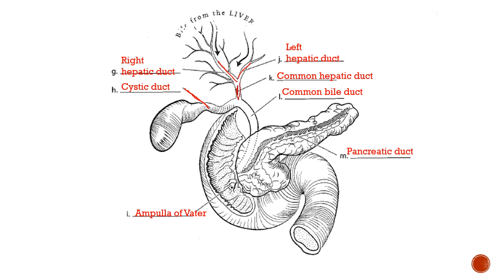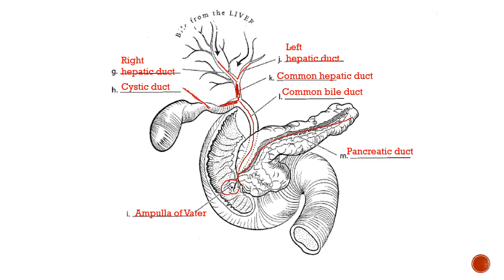Then the cystic duct and the common hepatic duct come together and form the common bile duct. The common bile duct extends down to where it joins with the pancreatic duct. This is the pancreatic duct. Together they come down and have the hepatopancreatic ampulla, and then eventually we get down to the ampulla of Vater.